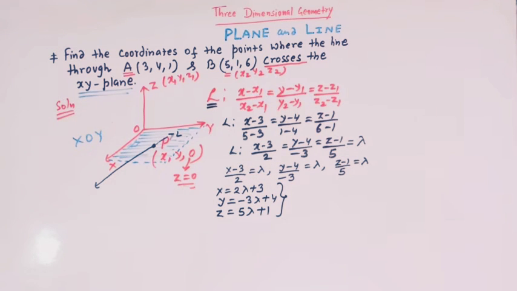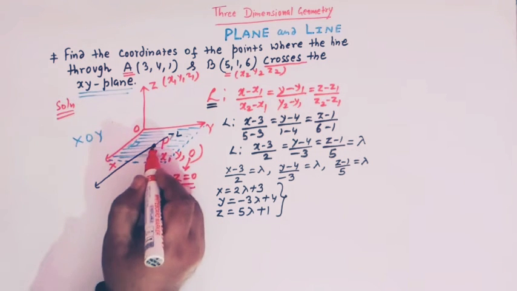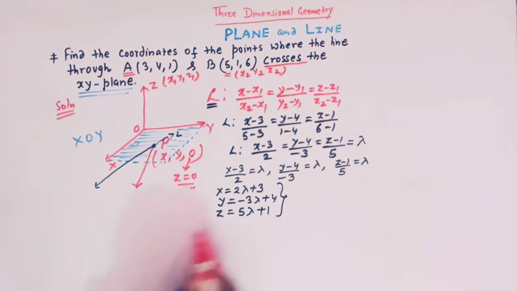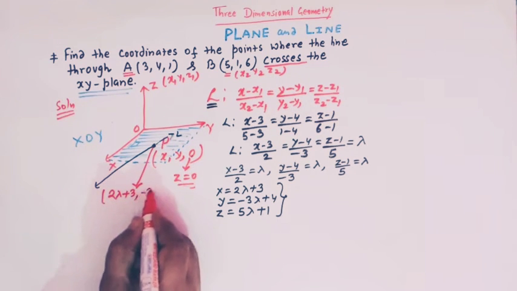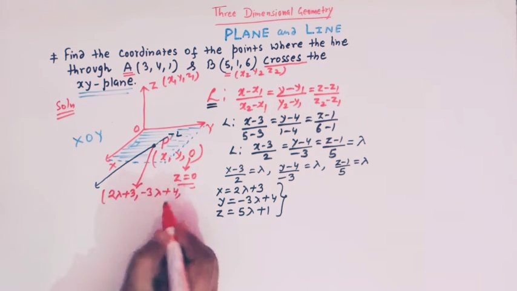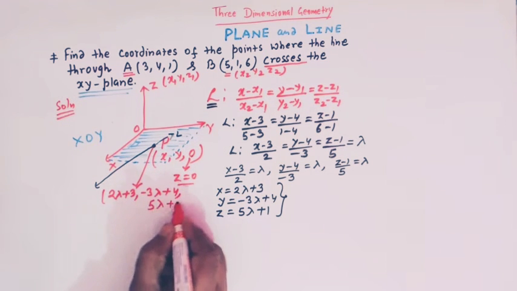Now we have this point (x, y, z), and the coordinates of this point P are now (2 lambda plus 3, minus 3 lambda plus 4, 5 lambda plus 1).